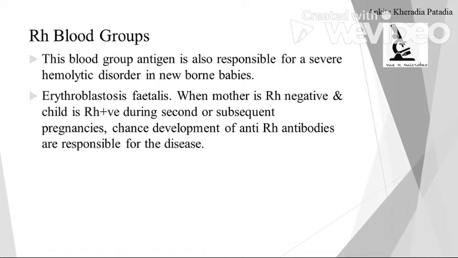The mother has antibody against RH antigen and the child is RH positive during the second or subsequent pregnancy. So what will happen? The mother's antibody will pass through the placenta to the child or fetus, and anti-RH antibodies are responsible for diseases like erythroblastosis fetalis.